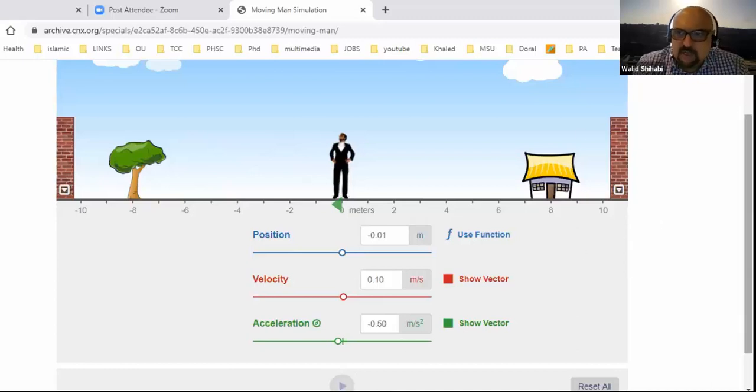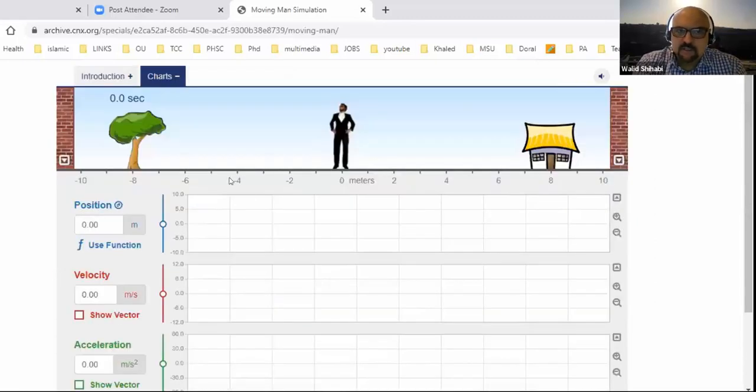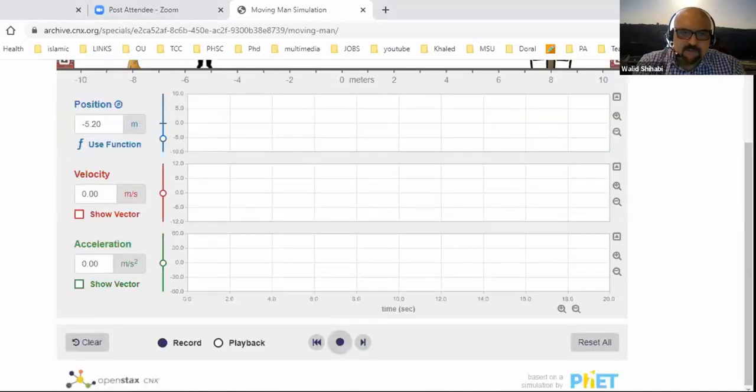Now, in the second part, or actually the third part, you look at the chart, and you'll focus only on the position versus time. You don't need to worry about velocity versus time and acceleration versus time. We'll focus on position versus time. Okay, and the same thing, you'll set the position, and you can set the acceleration value and the speed value and do the same thing.